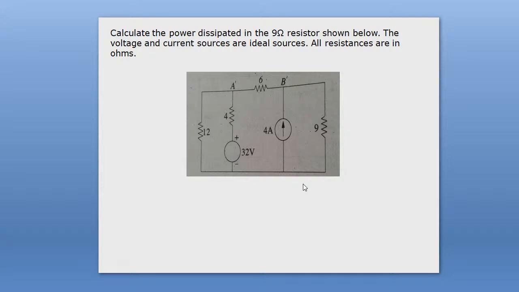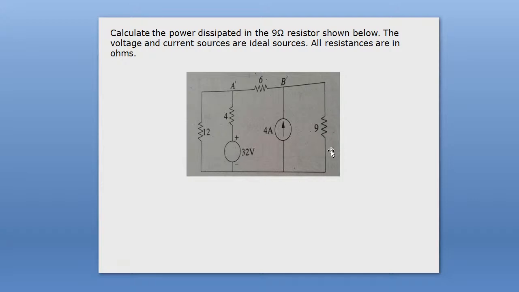Therefore, for a current source its internal resistance is infinite, so you just open this path when you just consider 32 volt. When only the 32 volt supply source acts in your circuit, you open this 4 ampere current source, because its internal resistance is infinite, and you calculate the value of current for this 32 volt voltage source.